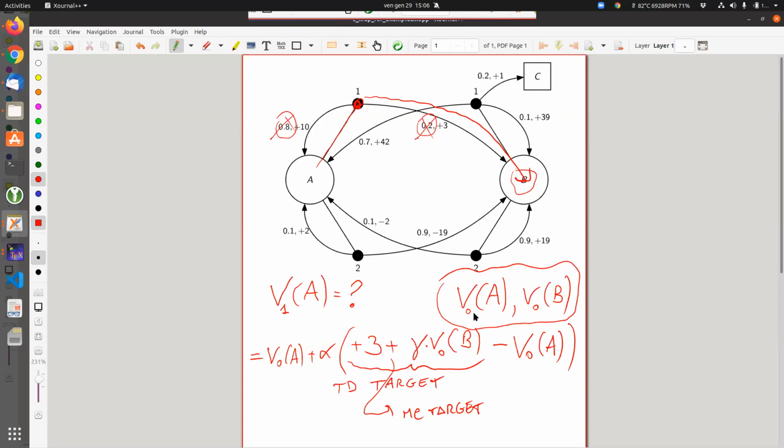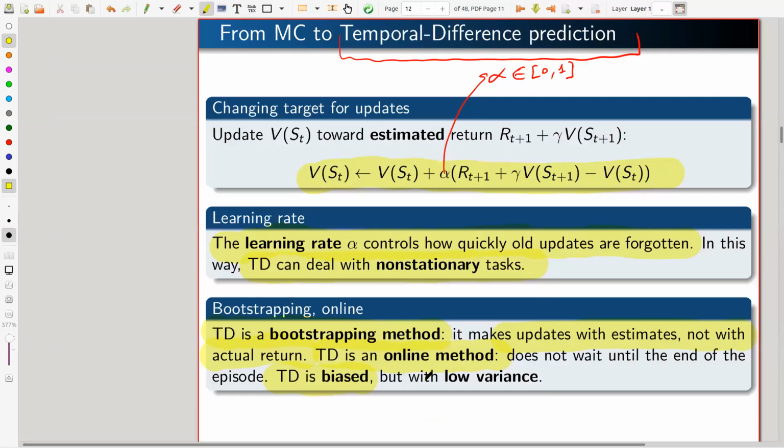And this is the first guess, the initial value. The initial value gives you bias for the temporal difference method. But since you are doing just one step, this method has a very low variance, which is usually a good thing, meaning that it will probably converge eventually much earlier than the Monte Carlo methods.